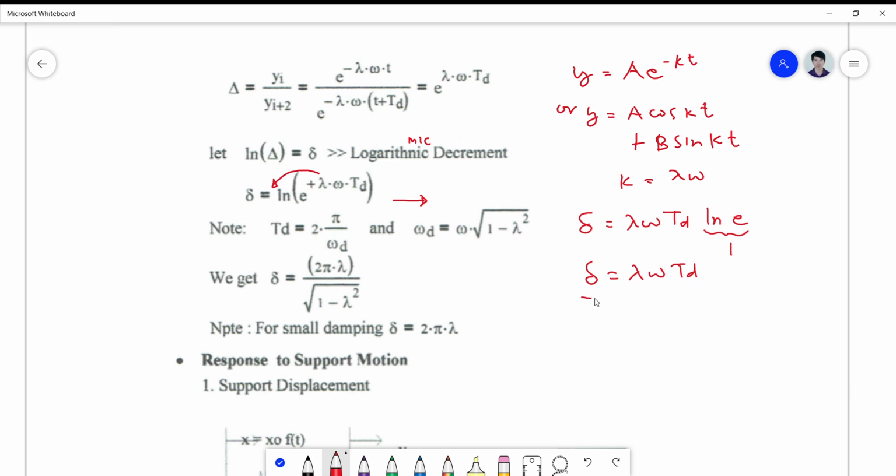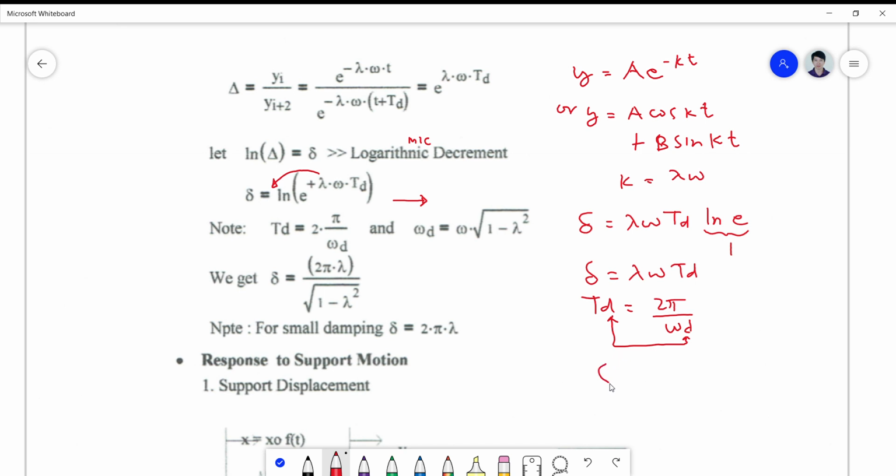We know that the period is the reciprocal of frequency in cycles per second. So simply this will be 2 pi over omega damped, because that's damped.